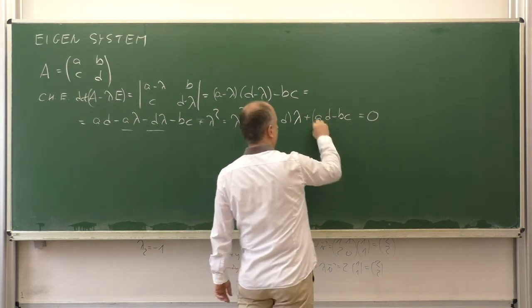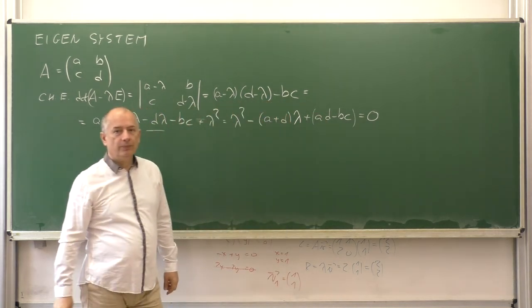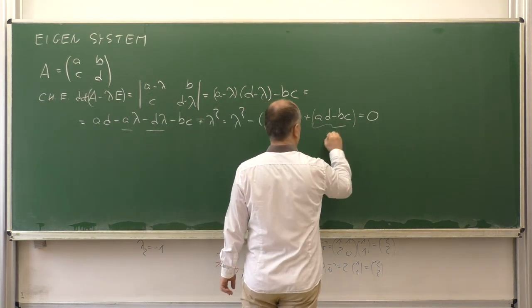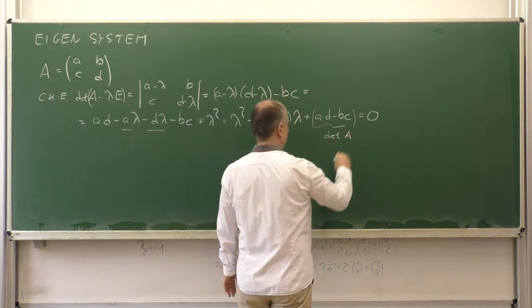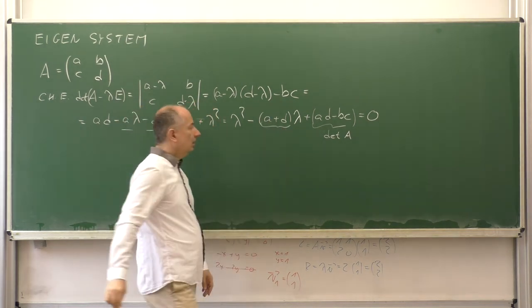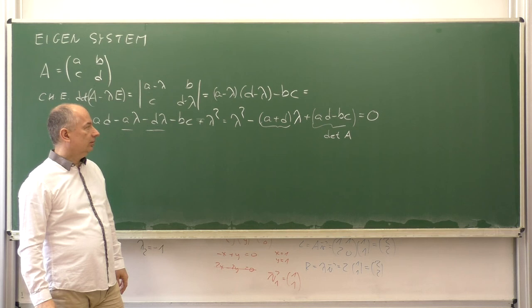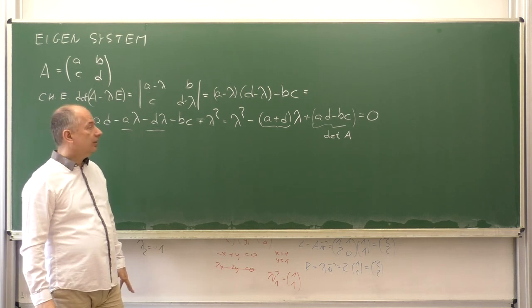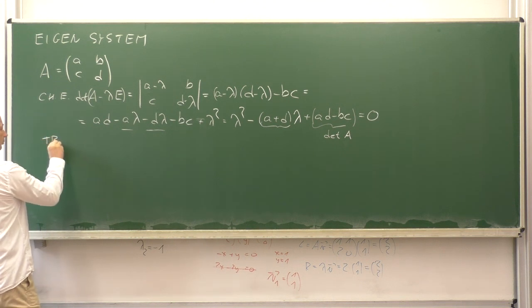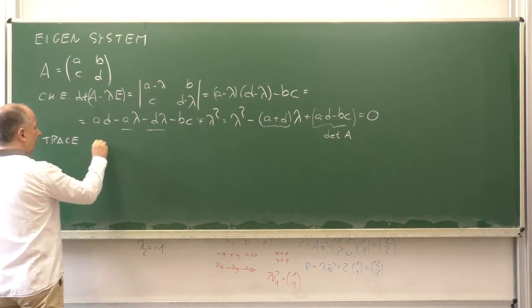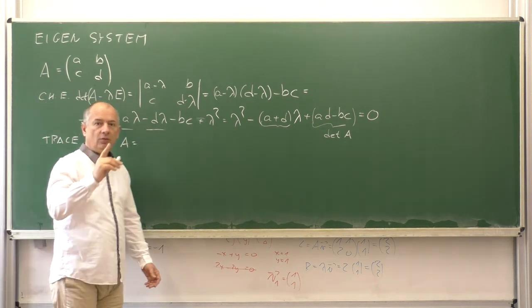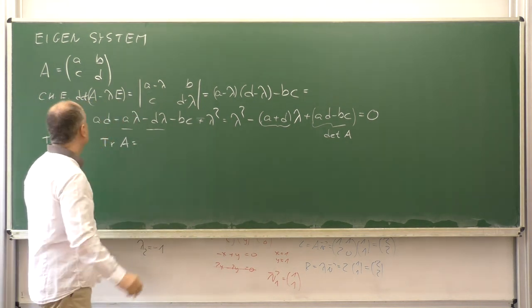Do you recognize this expression, AD minus BC? This is the determinant of the matrix. And this expression, A plus D, is also an important expression, so important it has its name. This is called the trace of the matrix, denoted by tr. It is the sum of the entries on the principal diagonal.